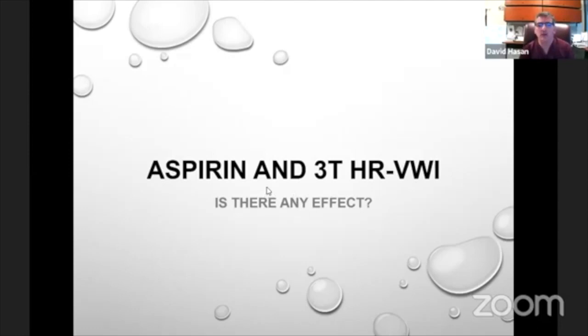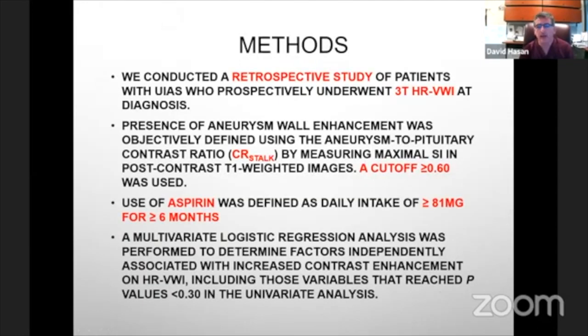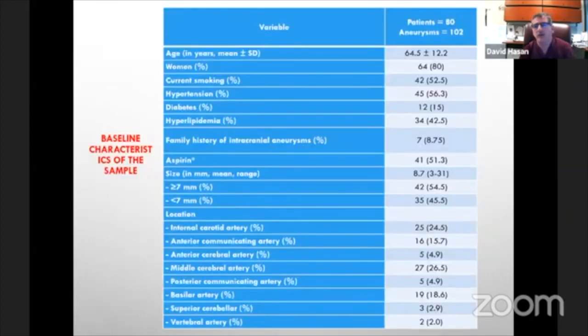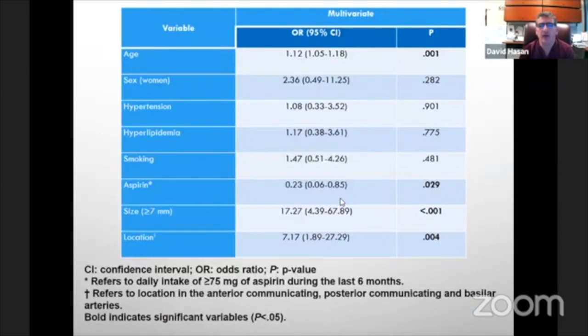From our registry, we went back and retrospectively looked at it, and we used a cutoff of 0.6, and we defined use of aspirin as 81 milligrams for greater than 6 months. We evaluated 80 patients. This is the demographics.